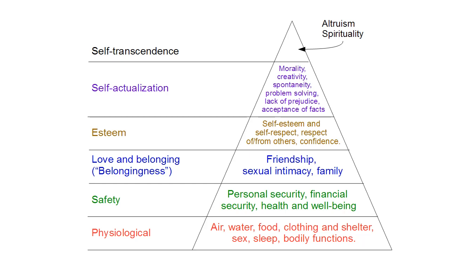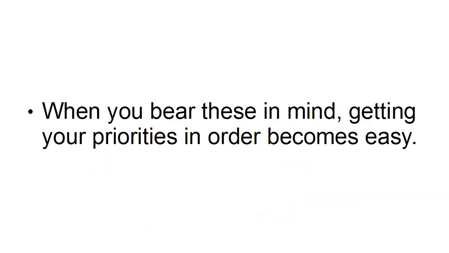So these are the sort of things that you need to think about when you have to make a decision and you're not sure. Think about what sort of category that decision is going to fall into, and obviously the further down the pyramid, the more important it is. And when you bear these in mind, getting your priorities in order becomes easy.